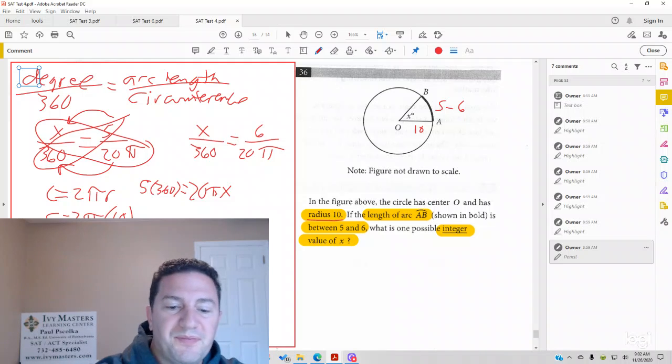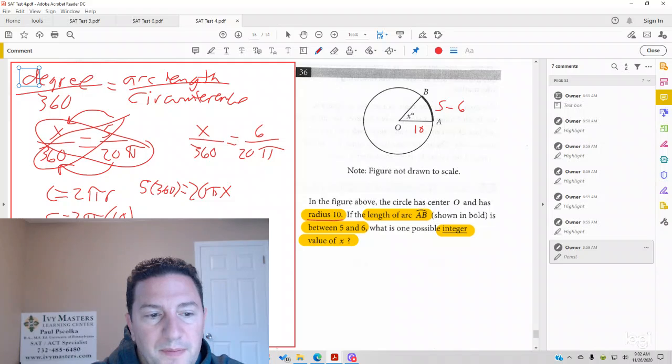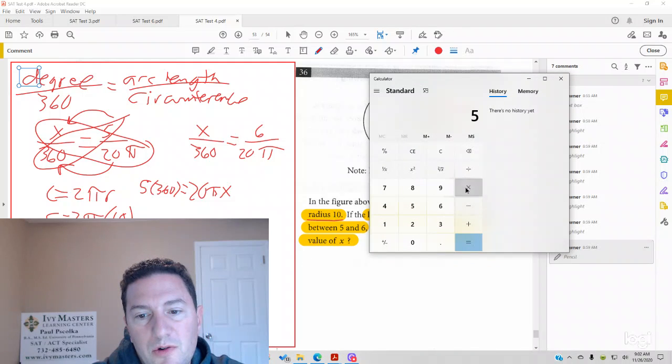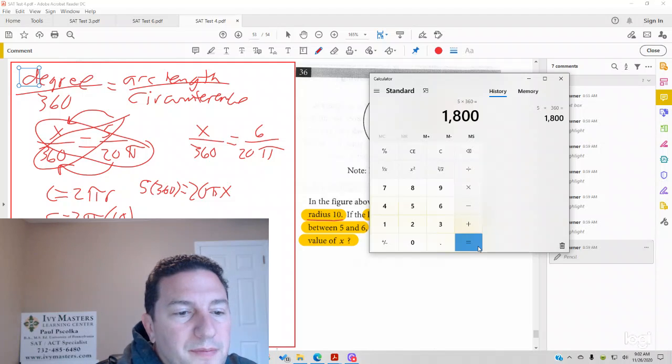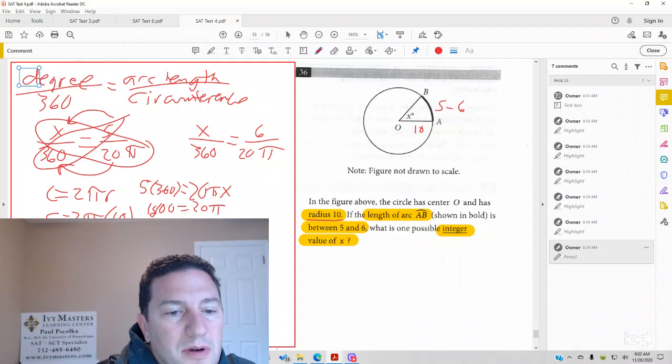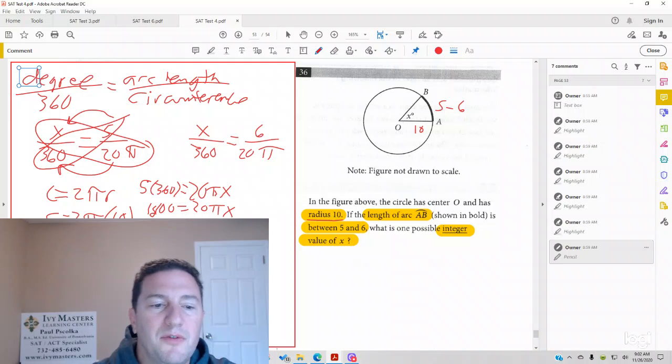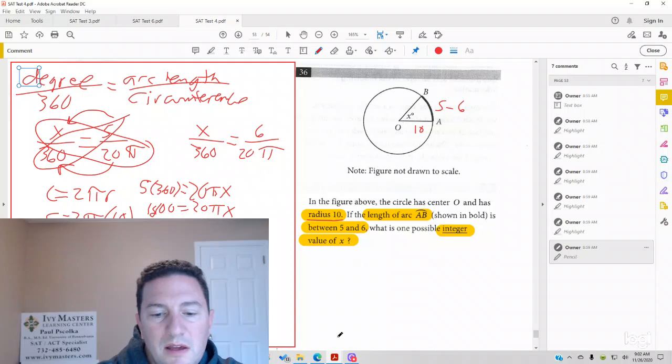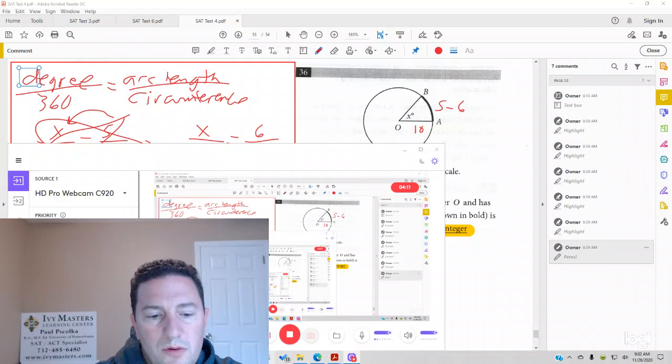And we'll take out our calculator over here. And we get 1800 equals 20 pi x.